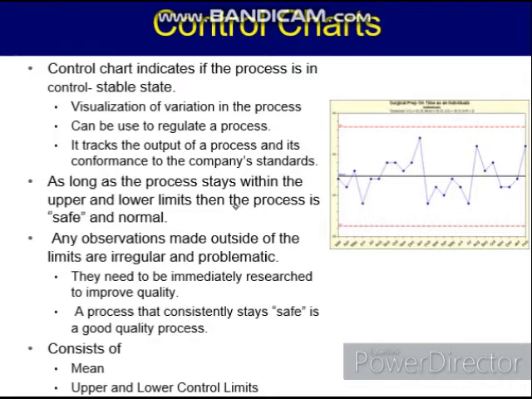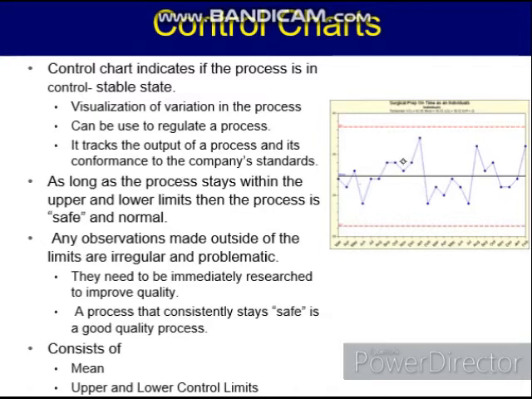As long as the process stays within the upper and lower control limit, the process is said to be safe and normal. So this is the generic guideline, but there are other conditions that need to be fulfilled by the chart in order for it to be called safe and normal.